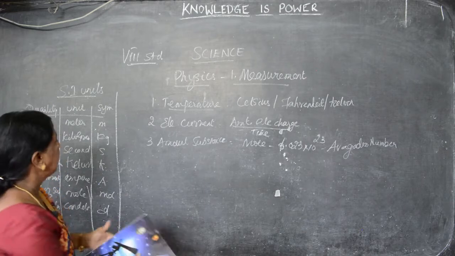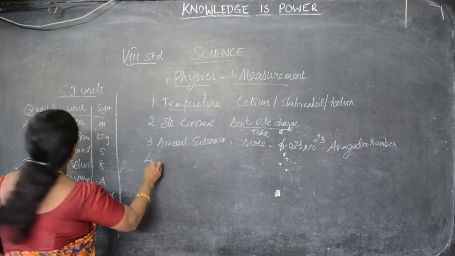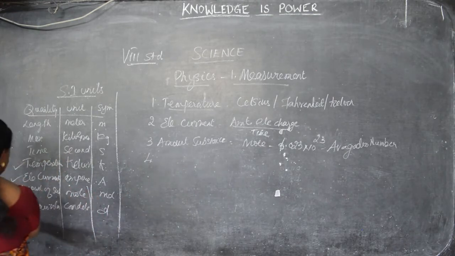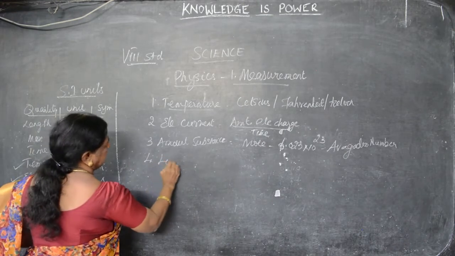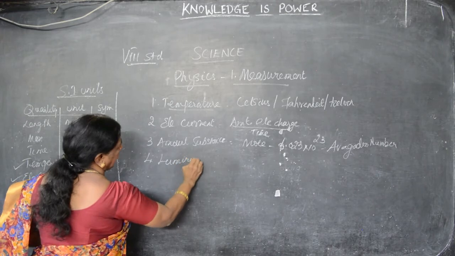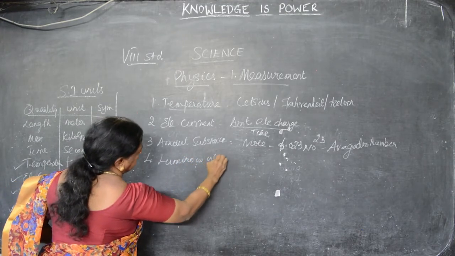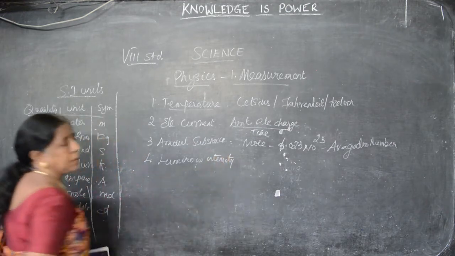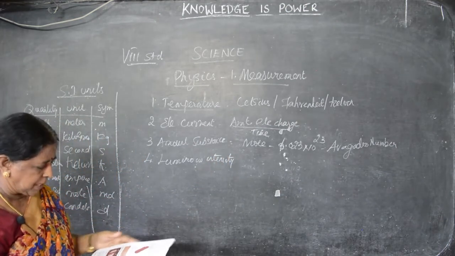The fourth one is luminous intensity. Now, see the picture here on page number 4.